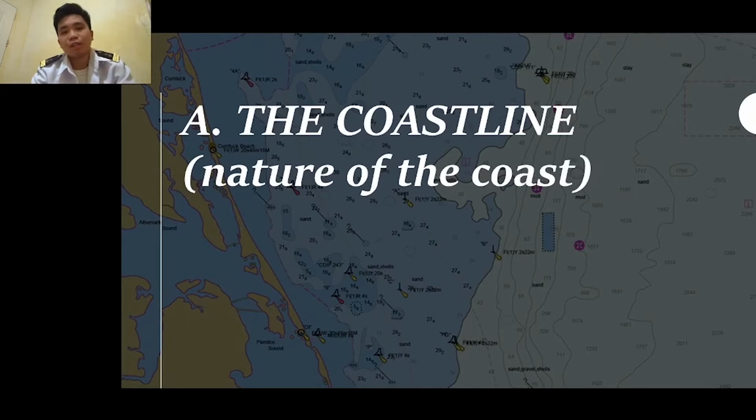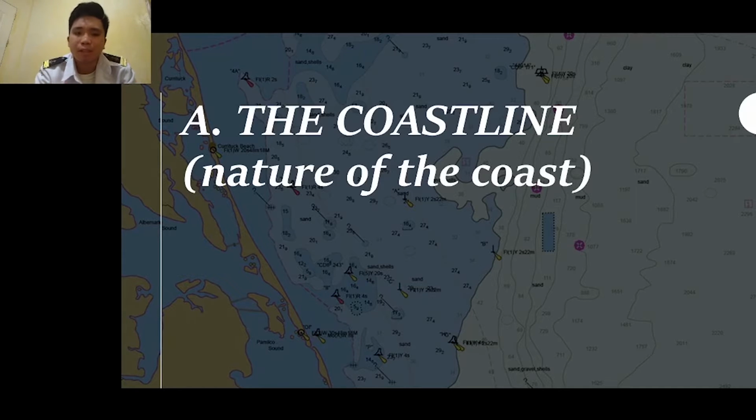First, we must understand that for all navigators using paper nautical charts specified by the IHO, or the International Hydrographic Organization, it is integral to understand the chart symbols and the chart abbreviations, because all these things are found in the nautical chart.